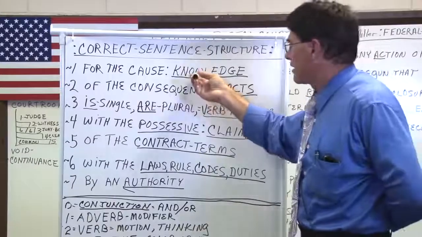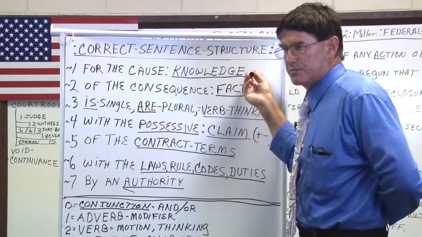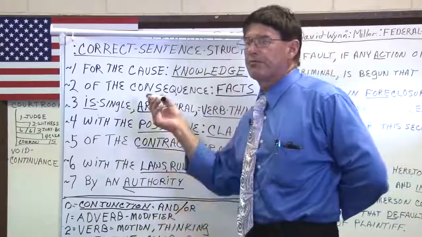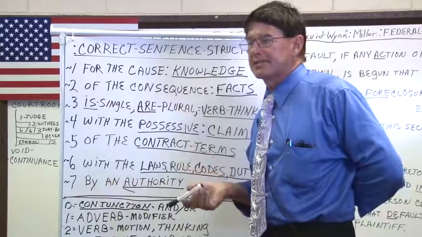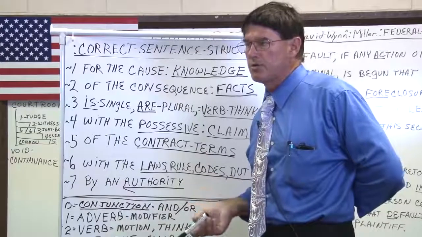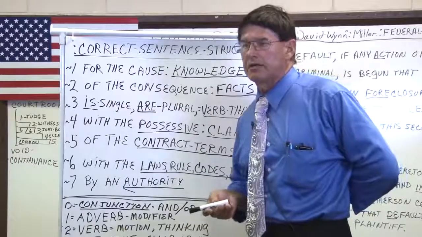In this case, we would have a claimant who would be the individual who would have the knowledge. So reading the sentence both frontwards and backwards has the same volition and the same sense as it did frontwards, and that's how you can certify that the sentence was written correctly in the first place.